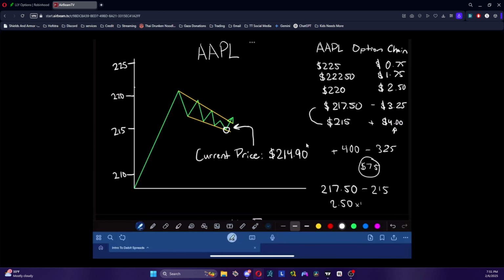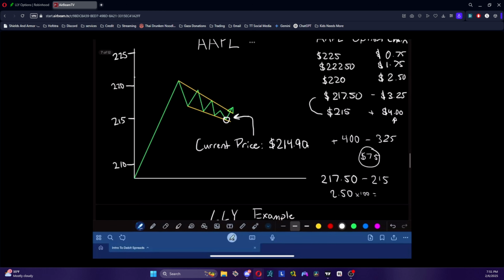Just like if a contract's $4, you times it by 100, and then the cost is 400. Same thing here, you need to times this by 100. So the difference between the strike prices is 250. Then you take $75 and subtract that from 250, and that's going to be 175, right?